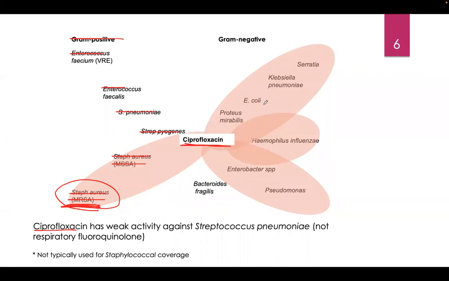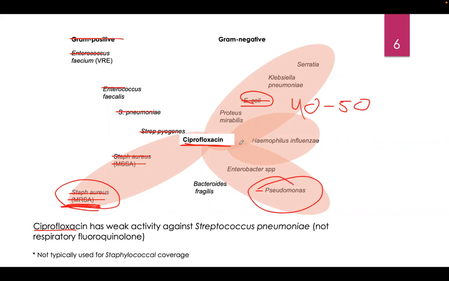Now, with all of your quinolones, it's pretty much lost its utility for E. coli. The resistance is upwards of 40 to 50%. And that's a problem, so you can't really use it empirically, and that's the number one gram-negative pathogen out there. It does hold in the mid-70s, somewhere up to 90% sensitivity to Pseudomonas.